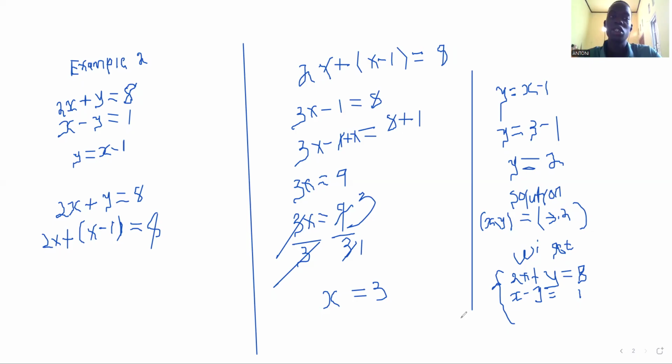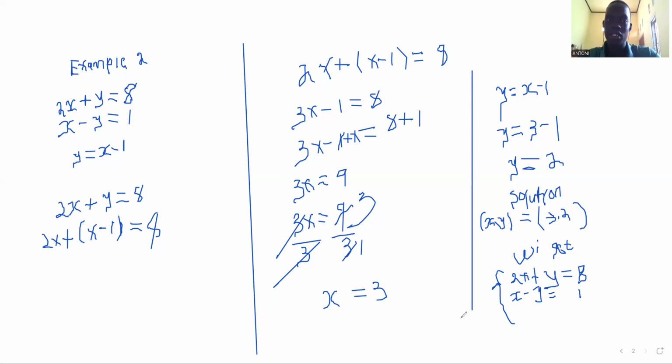If you see such a kind of equation, then what you do first is to get one value as the subject of the formula, to substitute it into the other equation which is given. So what do we do there?